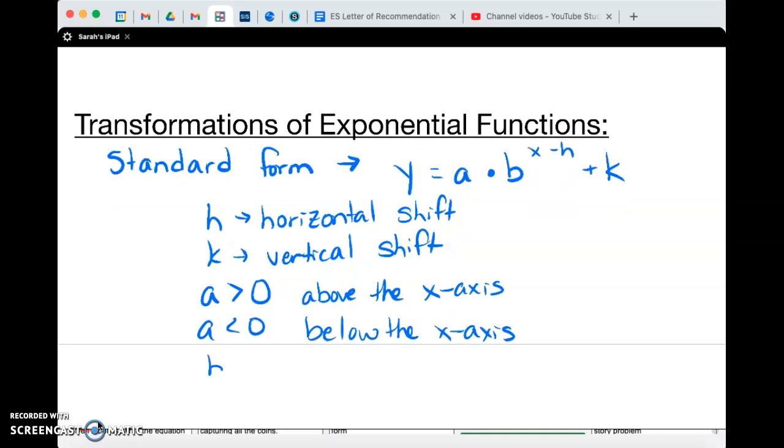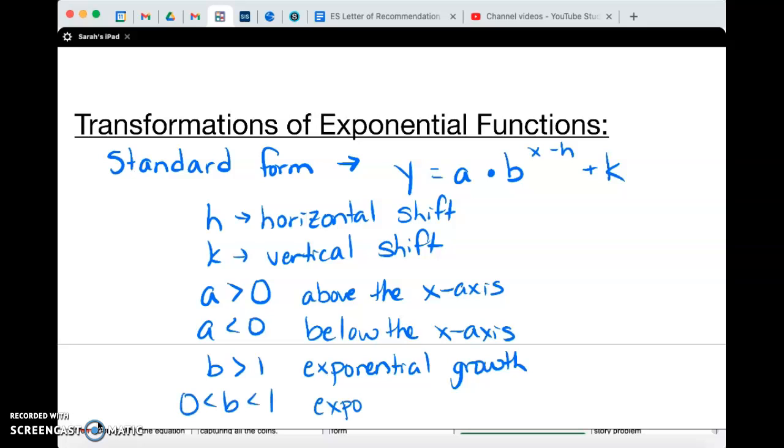So if b is greater than 1, I'm going to say it's exponential growth. If b is between 0 and 1, exponential decay. So if we change our exponent to positive or negative, that changes it from growth to decay. But if b is greater than 1 or less than 1, that also changes it from growth to decay.